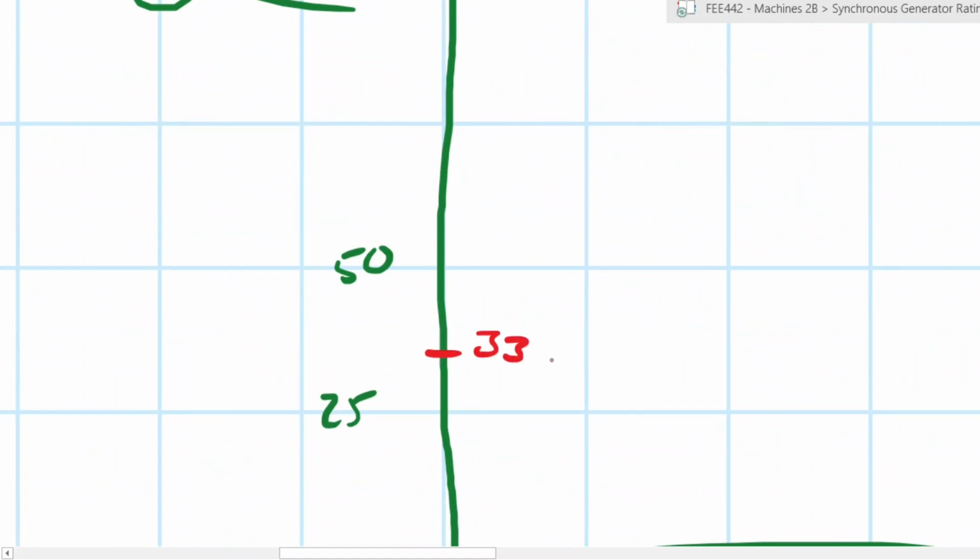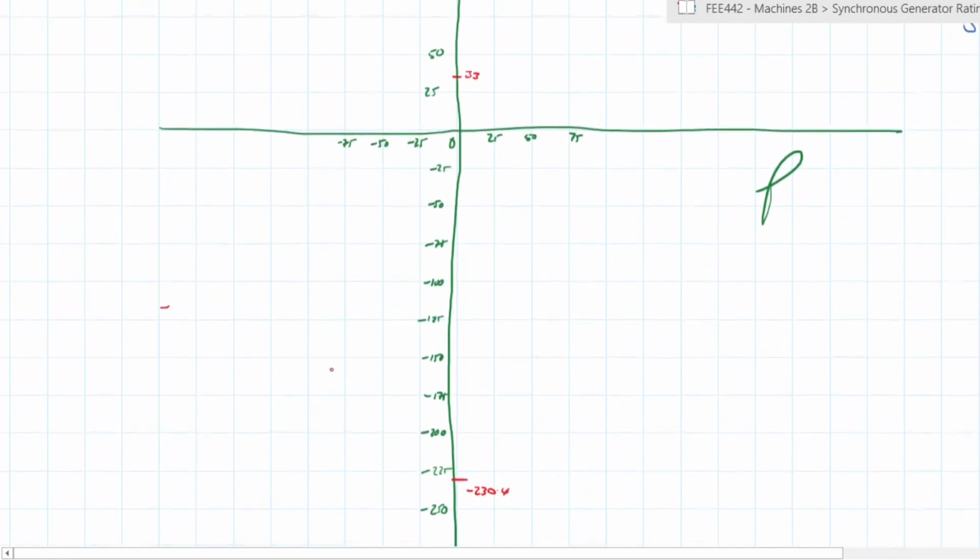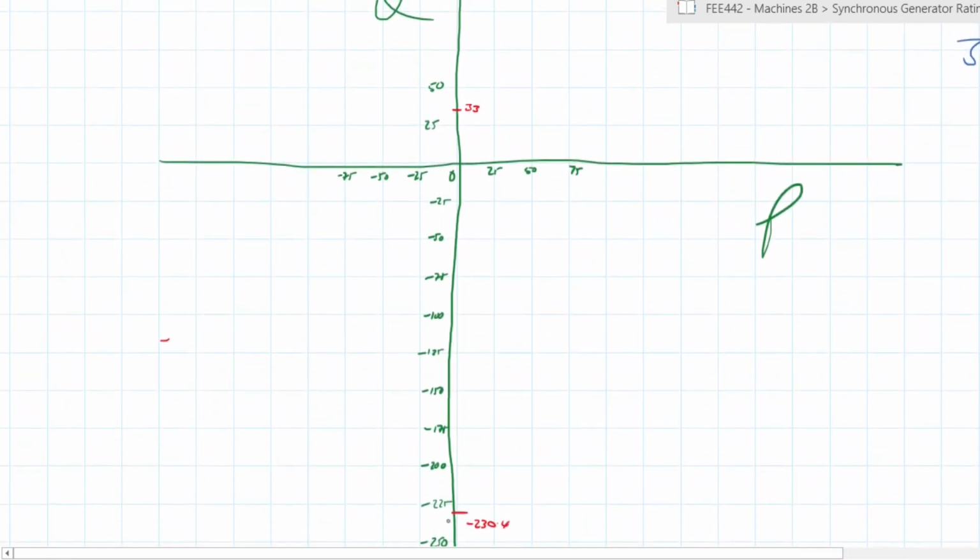Now, this point is the Q intercept of a circle that has its radius crossing the Q axis at that point.